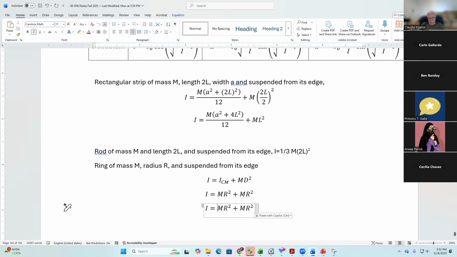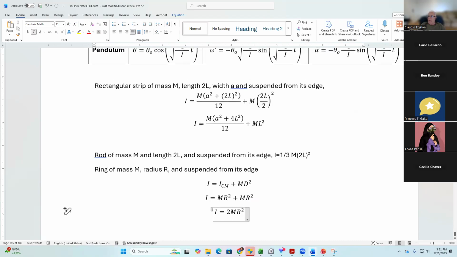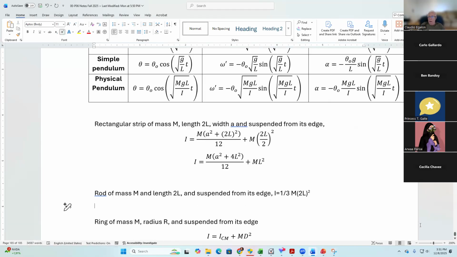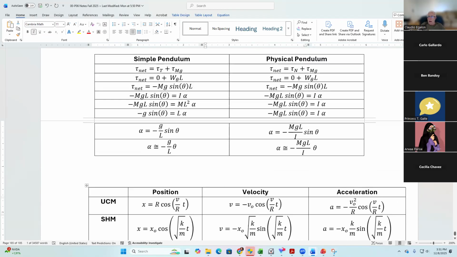And then we get 2mr squared. Okay, so those are the specific examples for different rigid bodies, different geometries of the rigid body. Here is the general formula that I wrote down in terms of I, right? And that's how it looks.